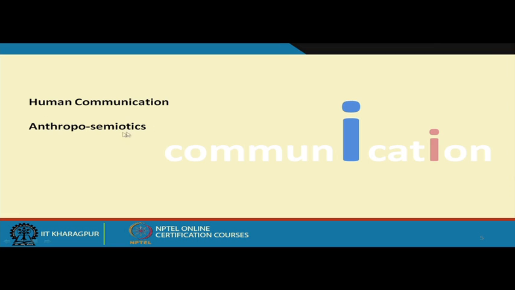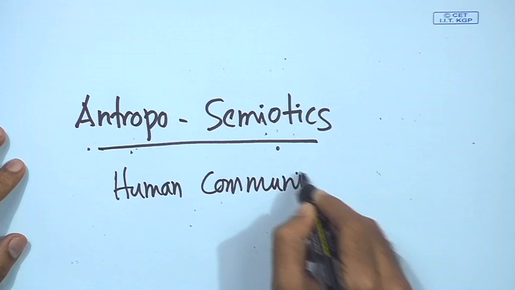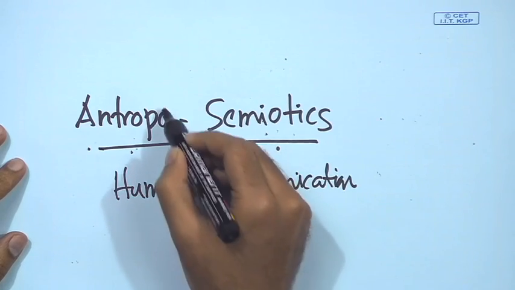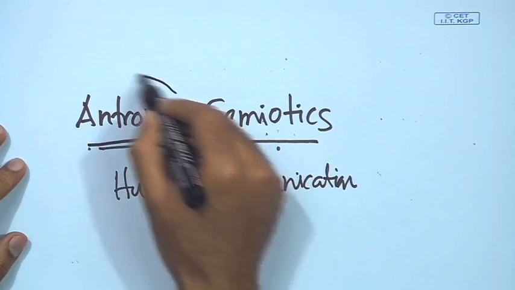human communication is a subject which has been named as anthroposemiotics. So if we look at anthroposemiotics, we have anthropo and then you have semiotics. The study of human communication relates to the anthropo part, which relates to human beings.